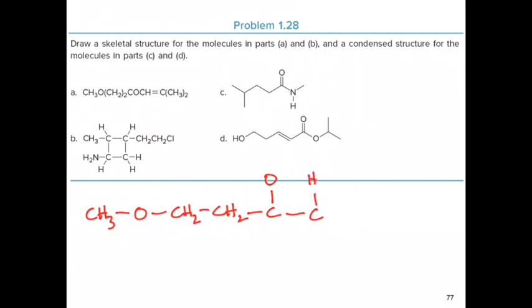So here's a hydrogen and double bonded to a carbon. And then finally we have 2 groups of CH3 bonded to this carbon. So one CH3 here and then another CH3 here.